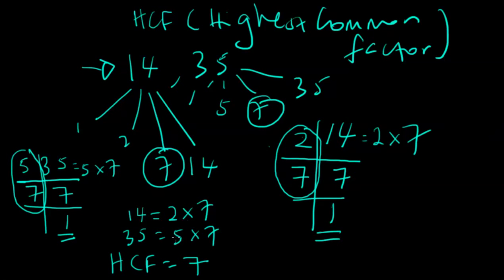And then you compare 5, there's a 5 here, but no 5 here, so you do not put a 5. There's a 7 in this term and also a 7 in this term, so you just put a 7, and this is your answer, which is the same as what we got previously. Okay, so in the next video we'll be talking more about HCF and LCM using our prime factors knowledge.